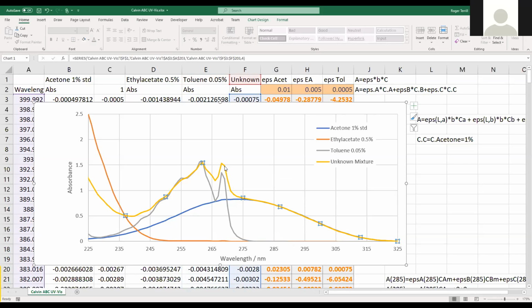Not sure. Okay, so let me ask you this: is the absorbance of the mixture greater than or less than the absorbance of the toluene standard at this wavelength, at 270 nanometers here?